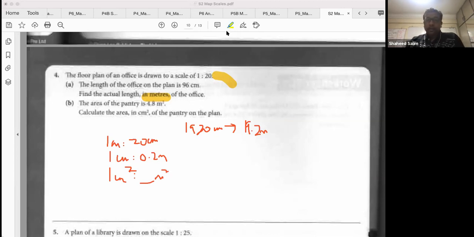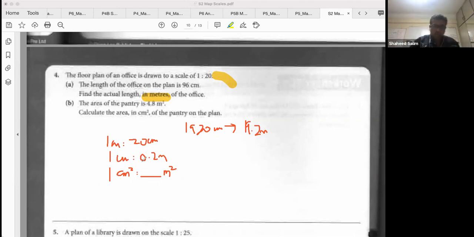I don't know whether you can see what I'm writing. Not correct. This one now, what is the ratio down here? You have to get this one. Just square this one only. What do you get down here?